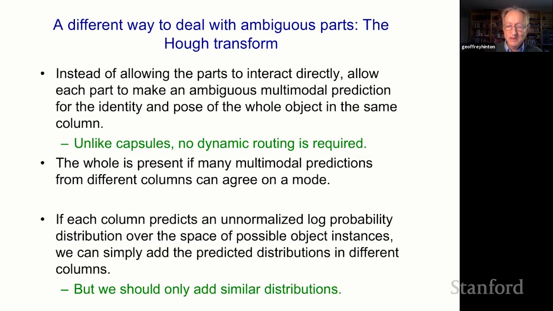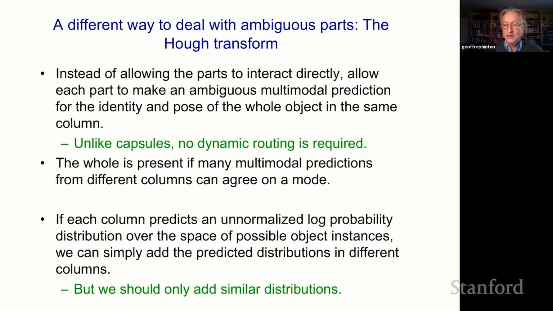And I think the way they must be doing it is each neuron in the embedding stands for an unnormalized log probability distribution over this huge space of possible identities and possible poses, the sort of cross product of identities and poses. And so the neuron is this rather vague log probability distribution over that space. And when you activate the neuron, what it's saying is add in that log probability distribution to what you've already got.